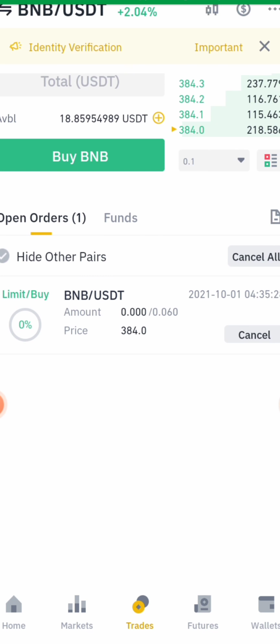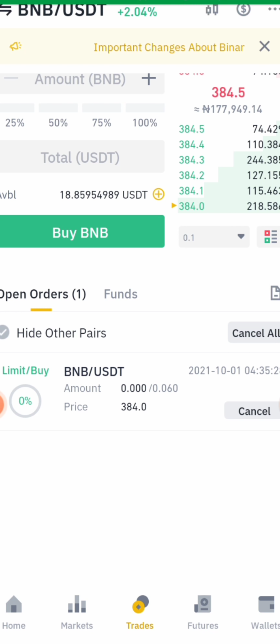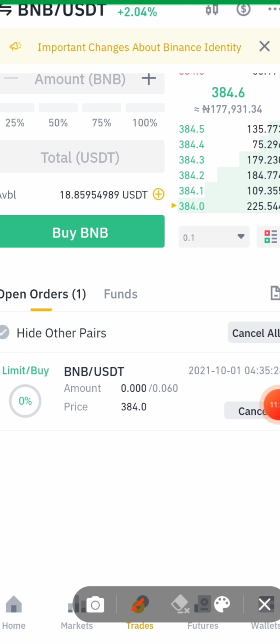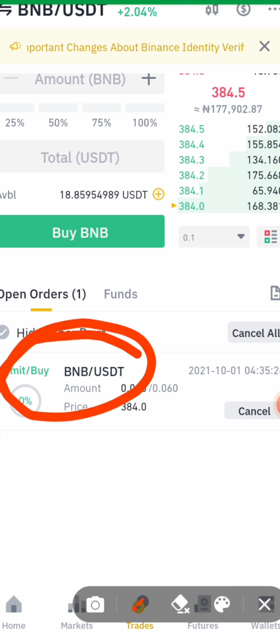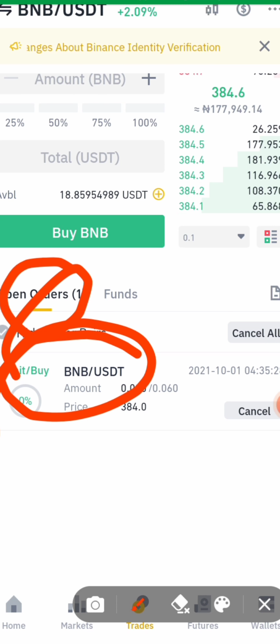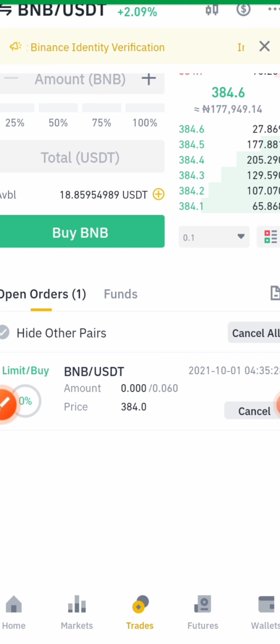One advantage of limit is that you can always come down to your open orders and cancel it, if after waiting for some hours or days or some period of time your trade failed to be executed, perhaps because your price limit was not hit.